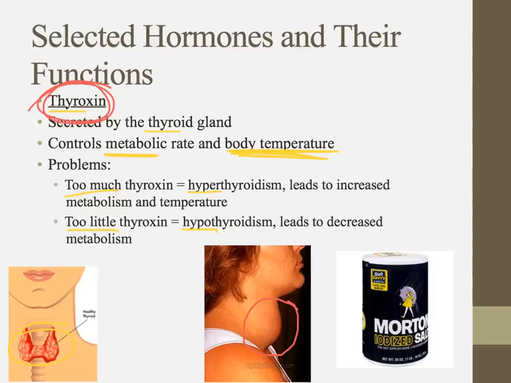So one of the things we do to make sure we get enough iodine is we actually iodize our salt. We add small amounts of iodine to salt, and just that little bit helps to prevent these things. That's why we see this iodized label on our salt containers.